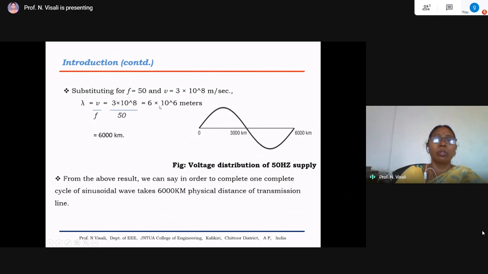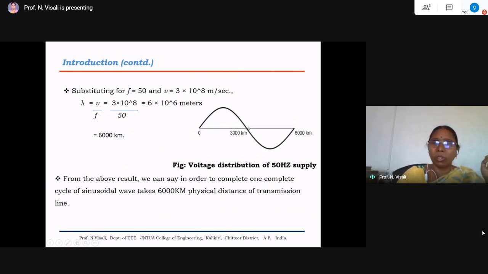The length of the line comes to 6,000 kilometers for one cycle of operation at this speed. So for voltage or current to complete one complete cycle, the length of the transmission line needed is 6,000 kilometers.